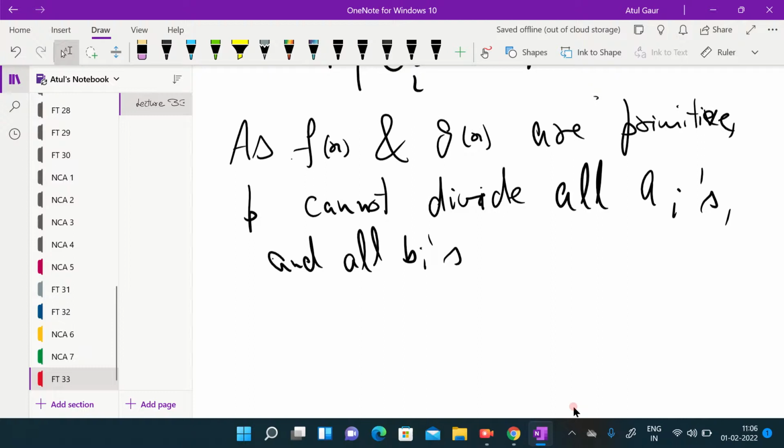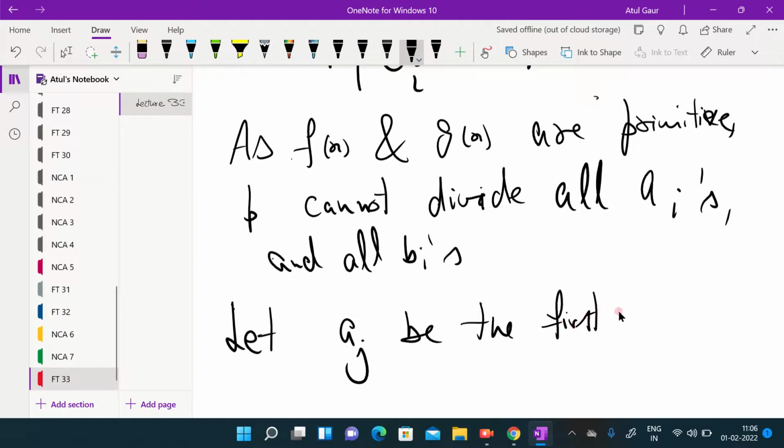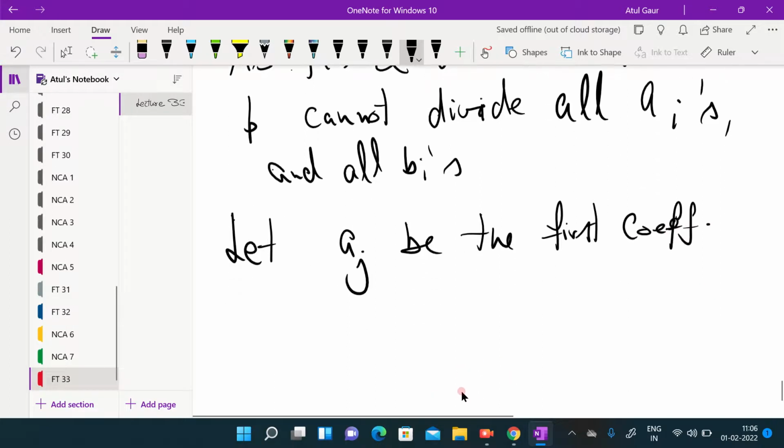Fine. So counting from 0, that means counting from constant coefficient, right? Assume Aj be the first coefficient that is not divisible by P. So when I am saying first coefficient, so I am counting from A0.